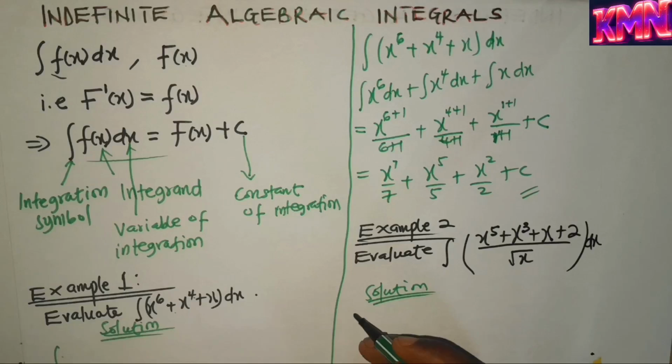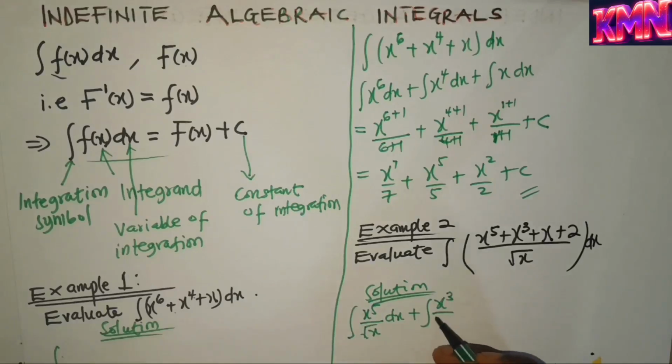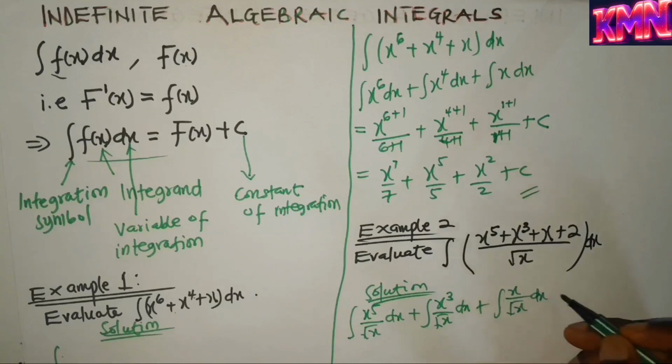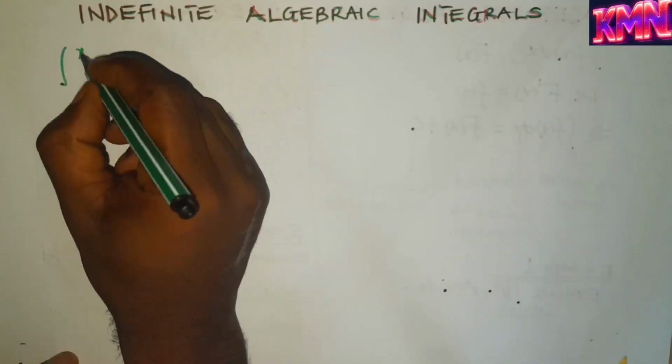We are going to get the integral of x power 5 on root x dx plus integral of x power 3 on root x dx plus integral of x on root x dx plus integral of 2 on root x dx.